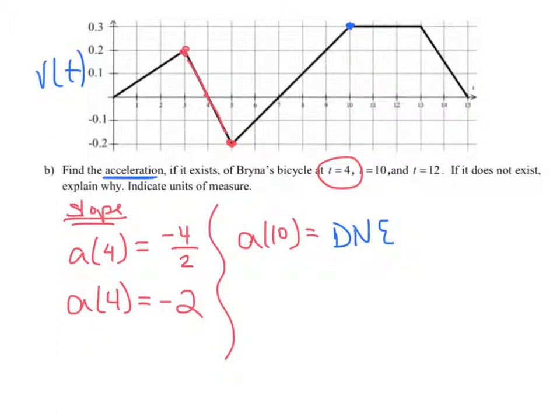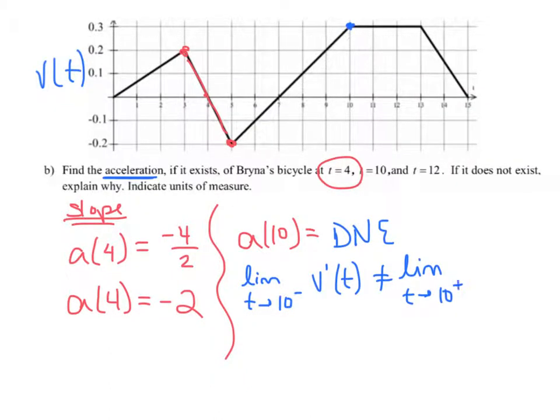Well, we can't just say there's a kink in the graph. So we have to be a little bit more mathematically technical than that. And we're actually going to use limits to help us explain that. So we're going to say that the limit as t is approaching 10 from the left of the slope of velocity is not equal to the limit as t is approaching 10 from the right of the slope of velocity.